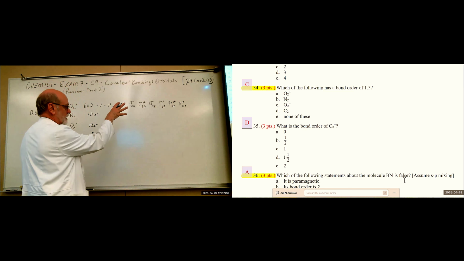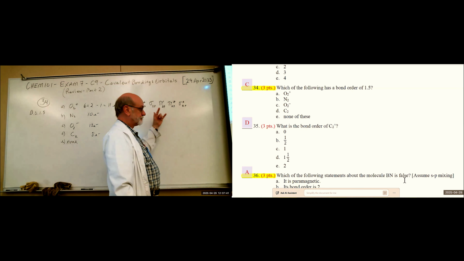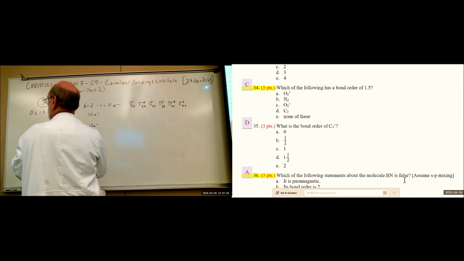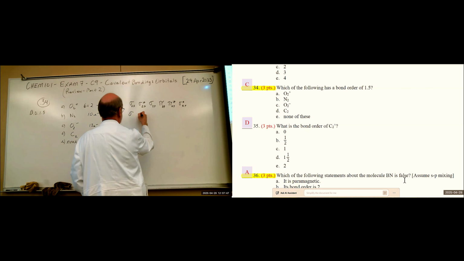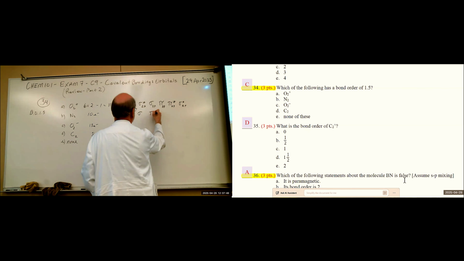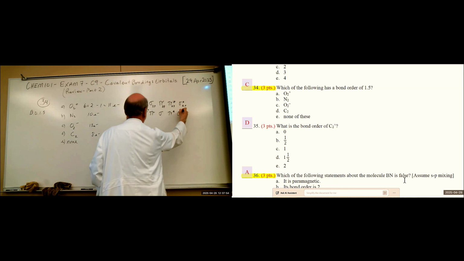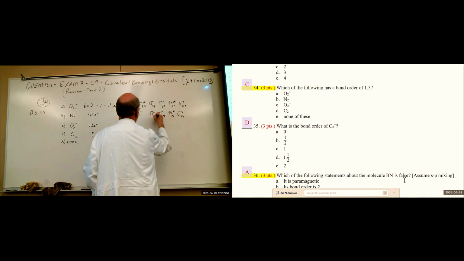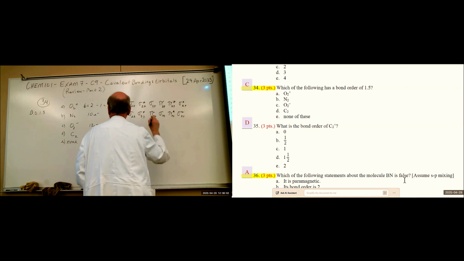That's no SP mixing. If there had been mixing, then these would be swapped. And that's the case for nitrogen. So nitrogen's going to be like that, and like this. 2p, 2p, 2p, 2p, 2s, 2s. There we go.